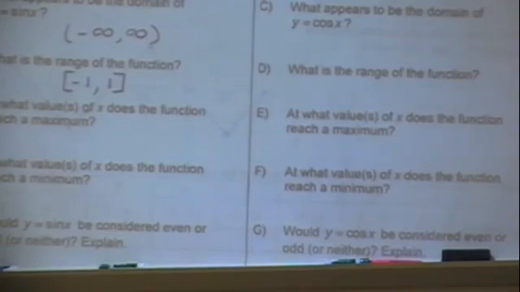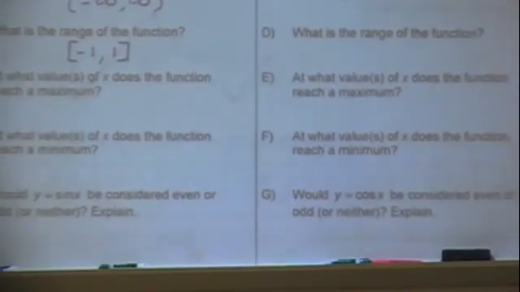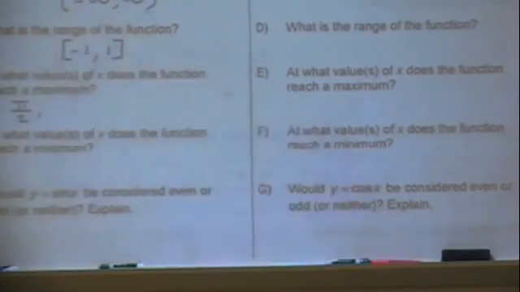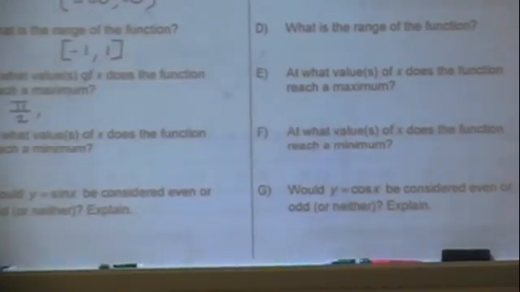Okay, so at what value of x does the function reach a maximum? At the pi over 2's. Now, it isn't just the pi over 2's, because that almost would imply that it happens at 3 pi over 2 and doesn't. It happens at pi over 2, for sure. And then where's the next place that it occurs? 5 pi over 2.